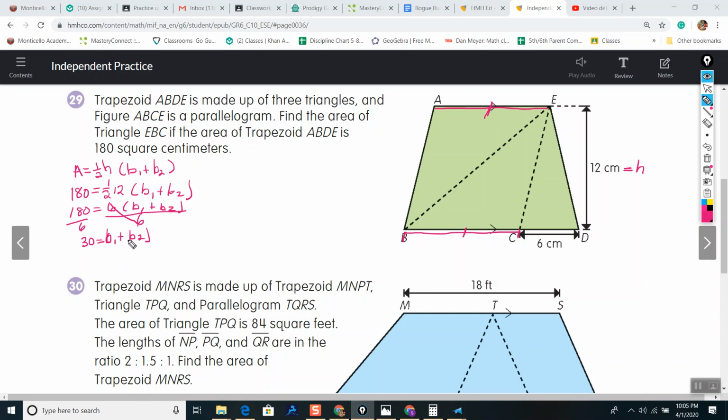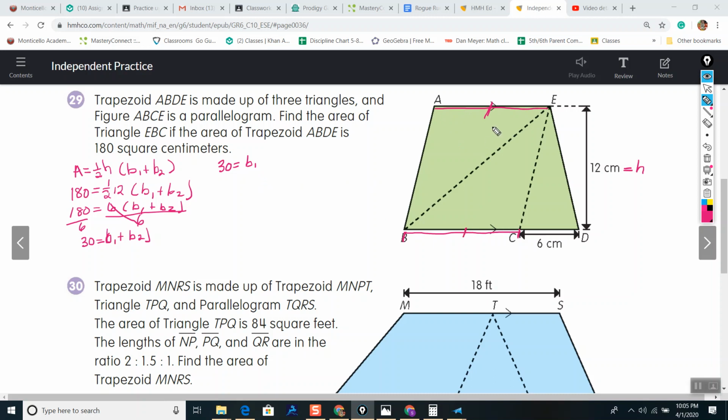Okay, so you're like, oh, well, there's 2 B's there. But remember, they're not the same length, so I can't treat those as the same. One is B1, one is B2. Those are not like terms, right? So I have to change them so that they are like terms. So B1, I can leave that, right? B1.